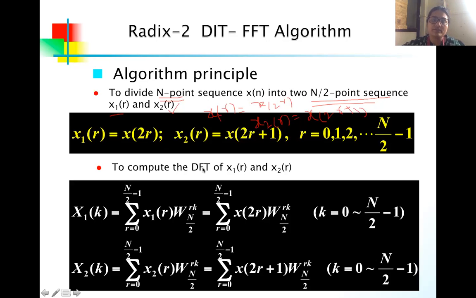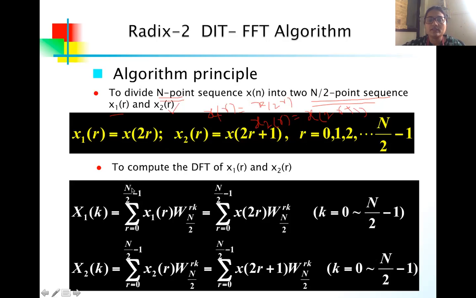So we will write the DFT equation here. What is my DFT equation? X1 of k is equal to summation. Now here r is representing the half sequence, so the value of r will change from 0 to n by 2 minus 1. Here in the summation you can observe r changing from 0 to n by 2 minus 1.